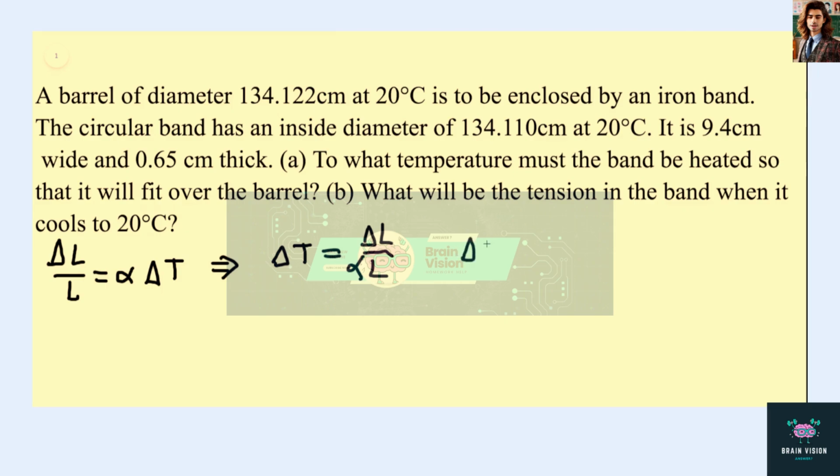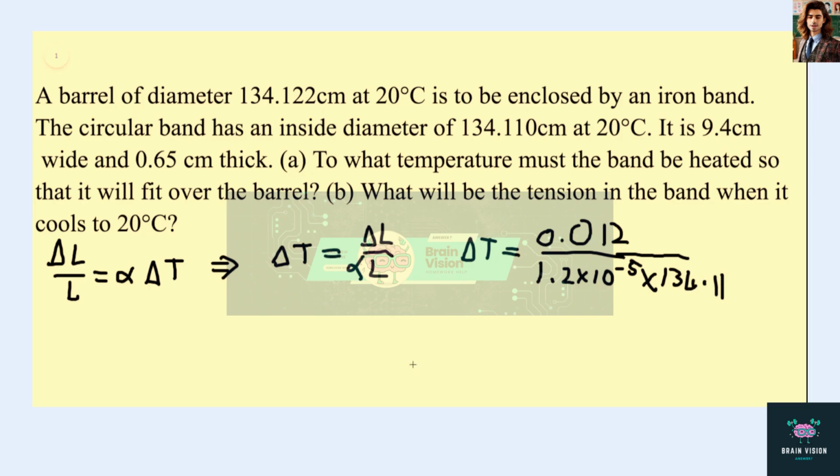So delta T is equal to 0.012. So that's 134.122 subtract 134.11, divided by alpha, which is 1.2 times 10 to the minus 5, multiplied by the original length, which is 134.11.